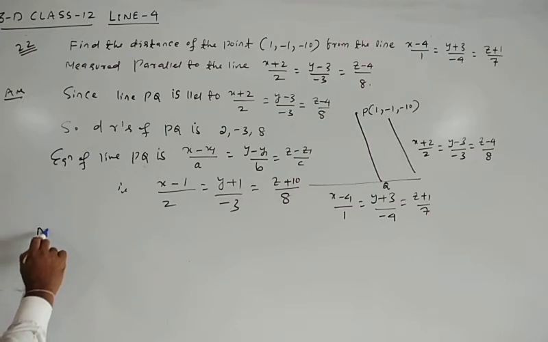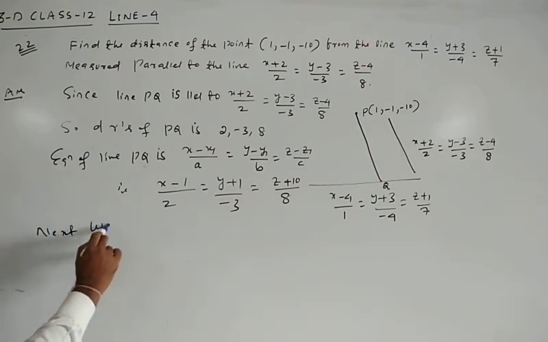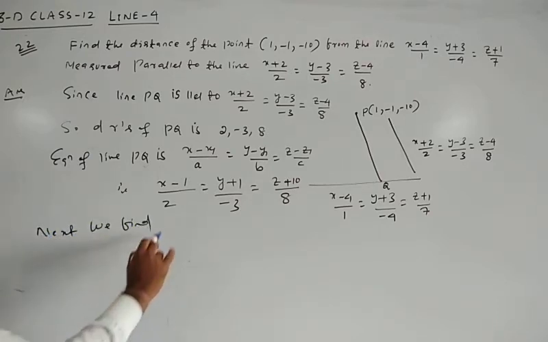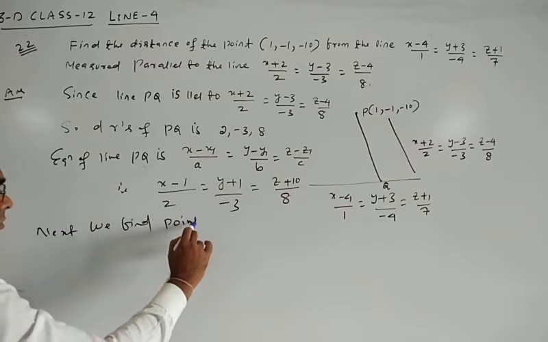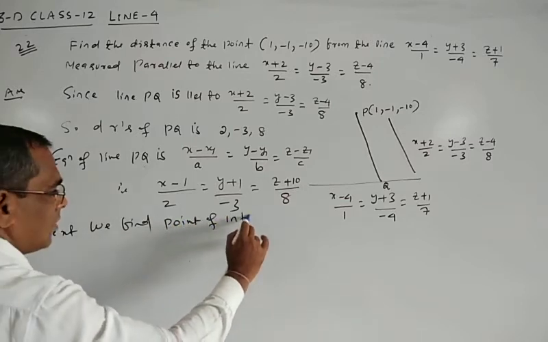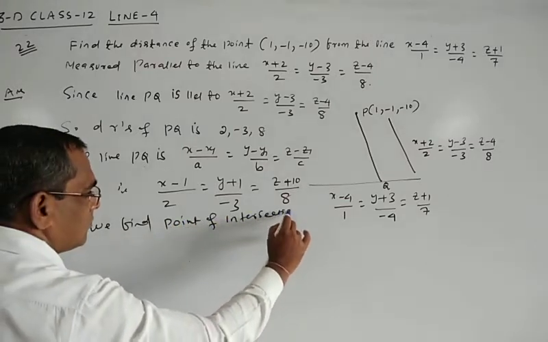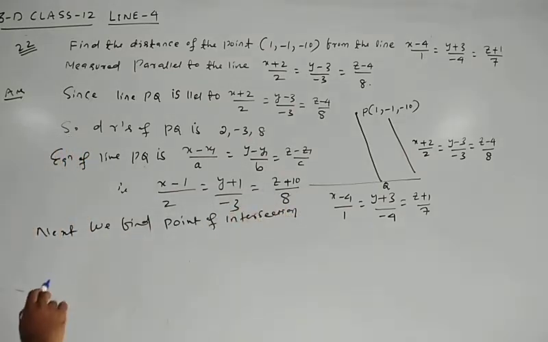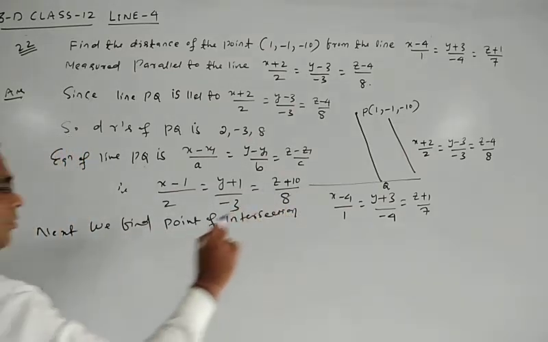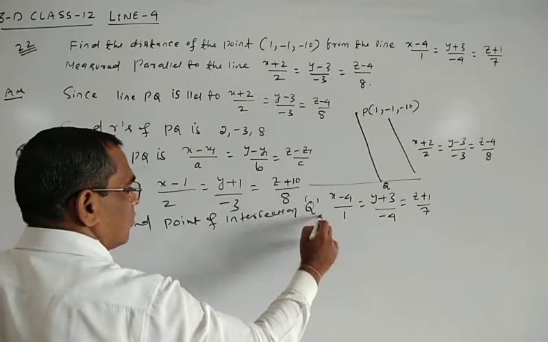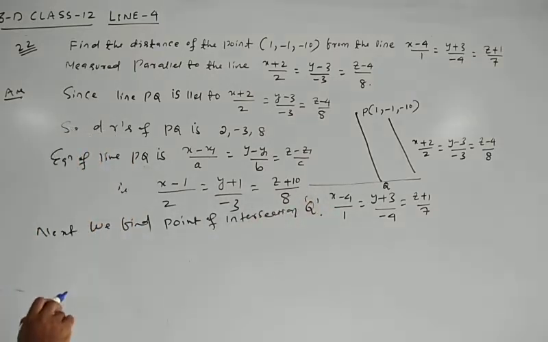Next we find the point of intersection, that is Q. So how do we find a point of intersection?